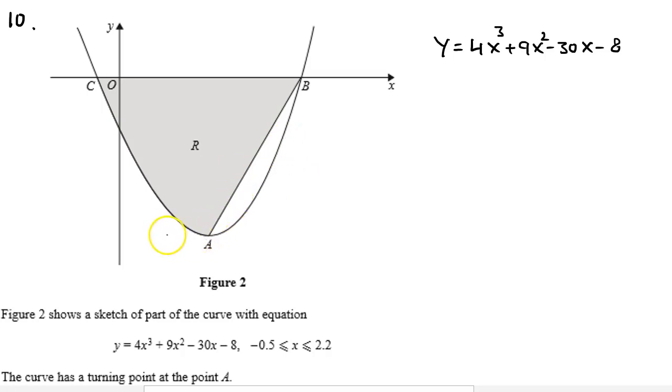Now this is a turning point, so if it is a turning point, the dy over dx at A is 0. So dy over dx will be 4 times 3, 12x square, plus 9 times 2 is 18x, minus 30. If it is a turning point, the dy over dx is 0.